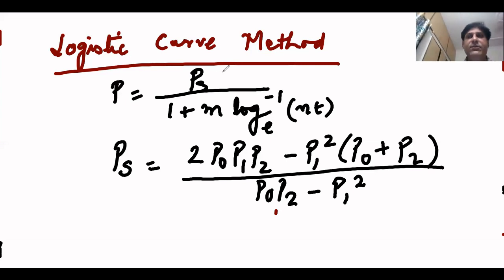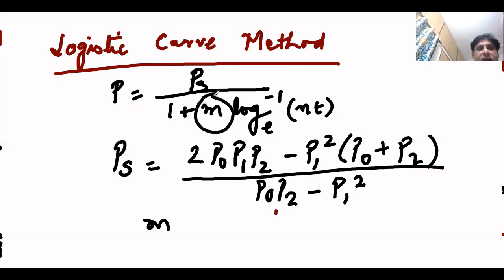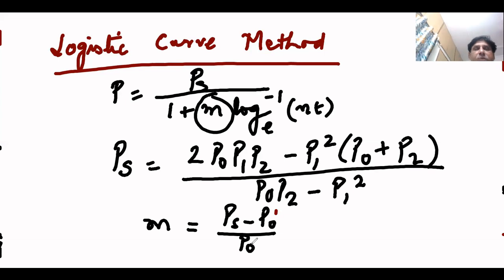Now, we have got a term here, and that is M. This M is being given by PS minus P0 divided by P0, right? Now, don't get panicky. As we'll proceed with the numerical, it will be all very clear to you, right?